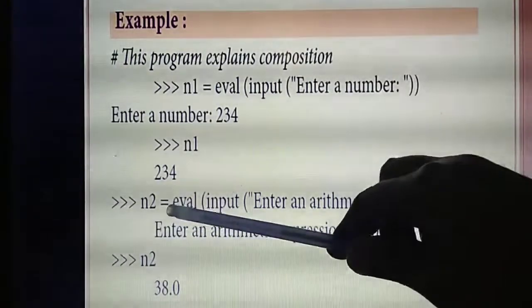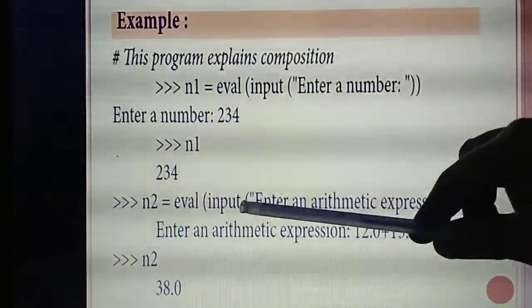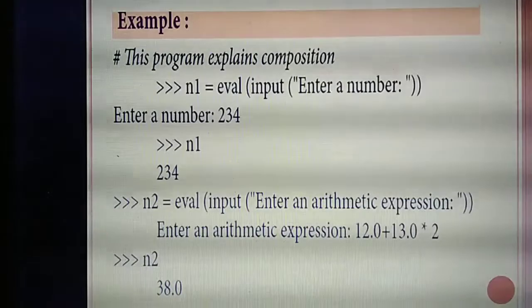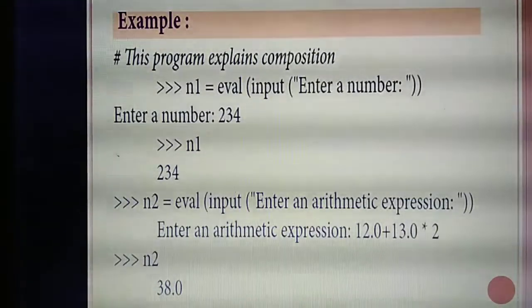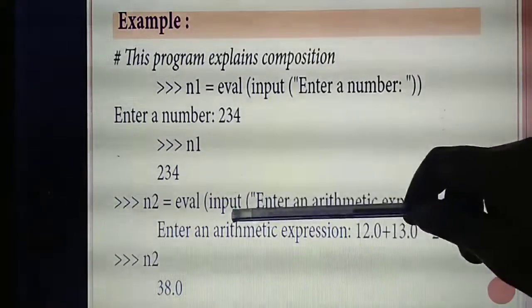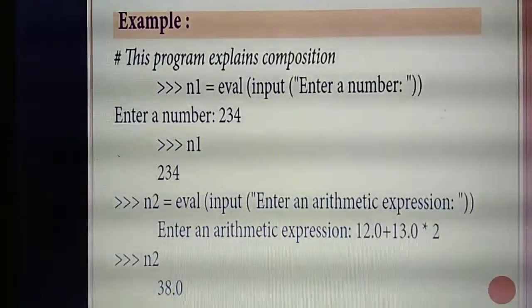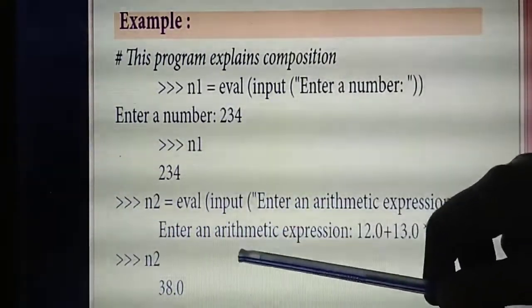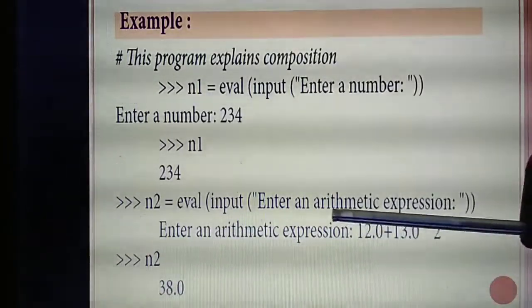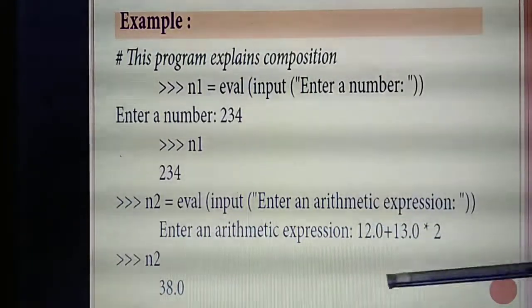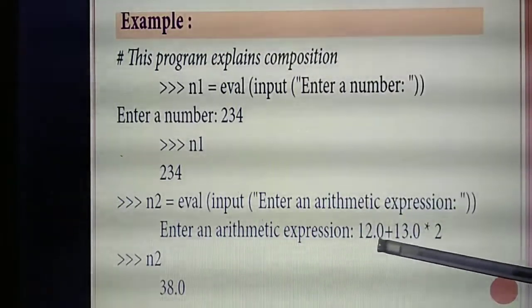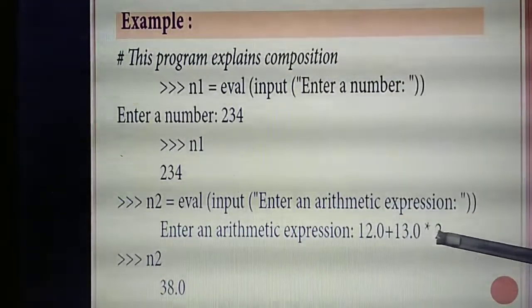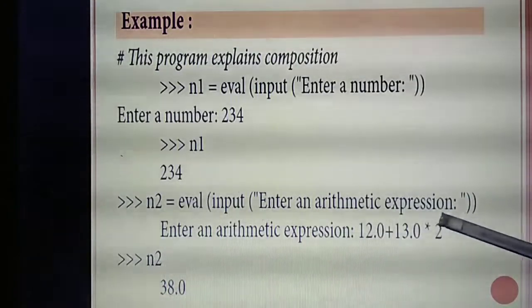Another variable, n, you are giving evaluate of input, "enter an arithmetic expression", in the same line. So how many functions are there? Two: input function as well as evaluate function. While running the program, what output will you get? Enter an arithmetic expression. So you enter one arithmetic expression, that means a plus b into 2. What is the arithmetic expression they are giving?